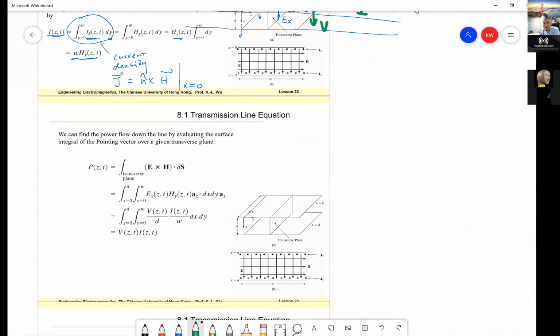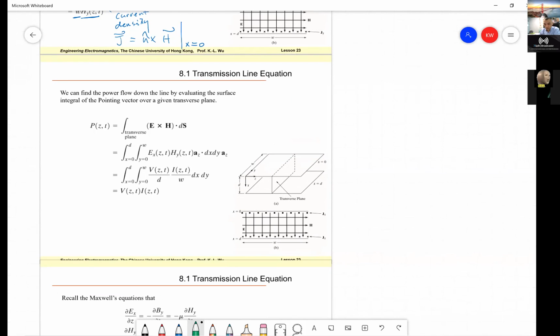Then let's say if we want to calculate the total power carried down the transmission line, then we know the Poynting vector, right? Because right now we're not talking about time harmonic. We are talking about the general field which is a function of time.